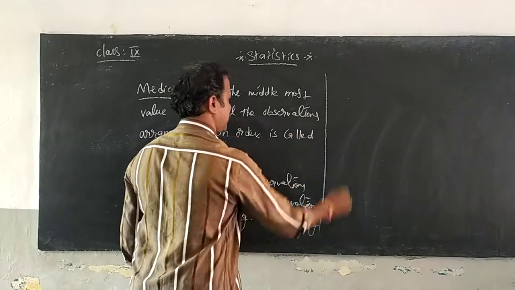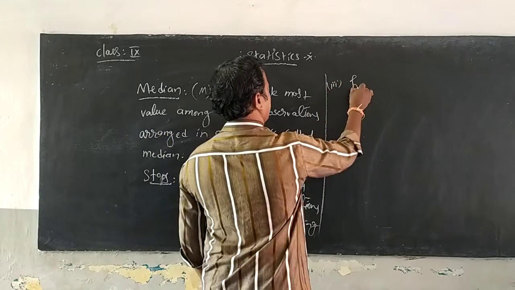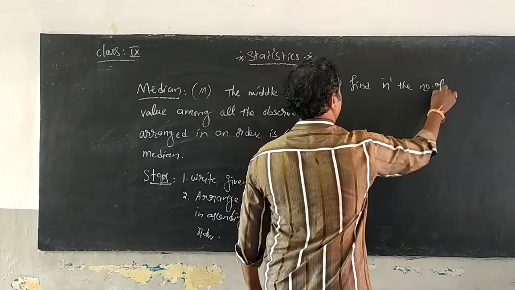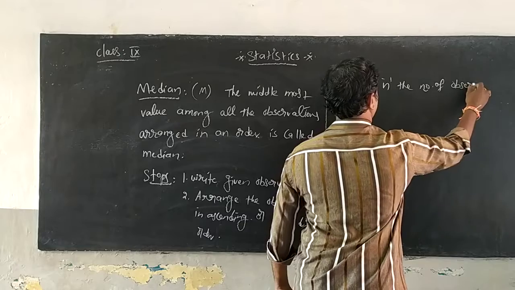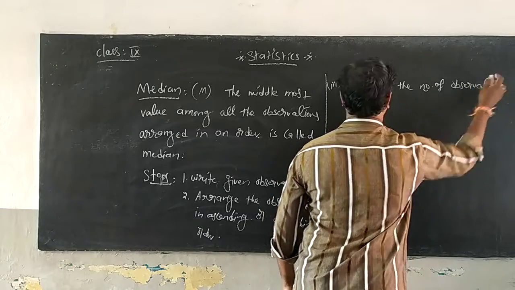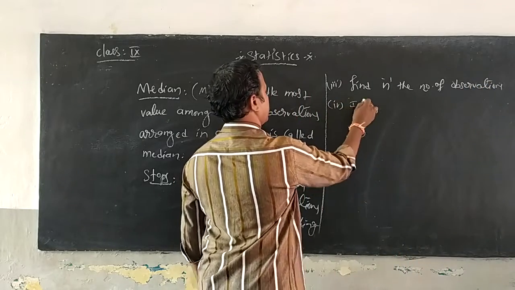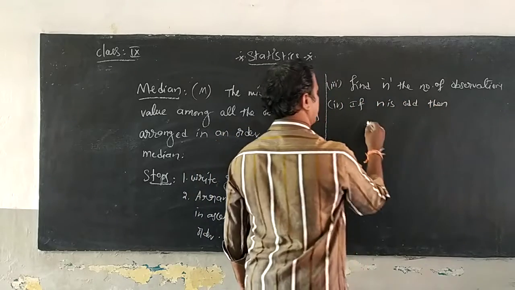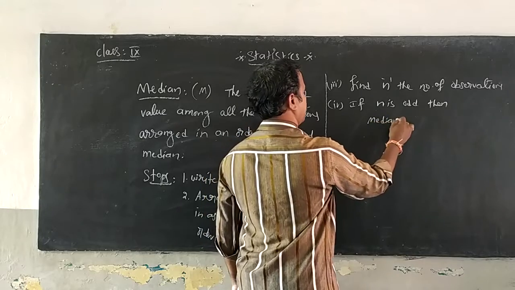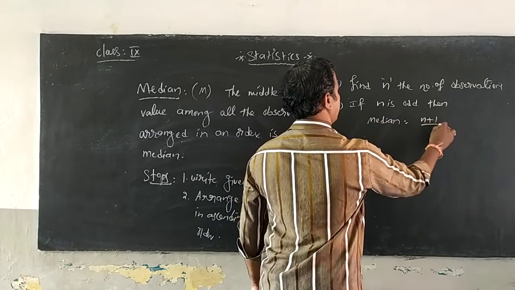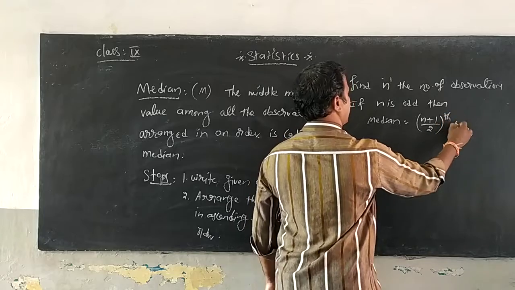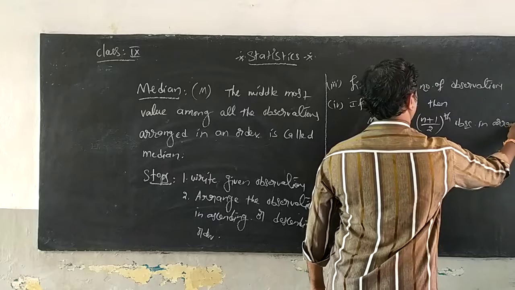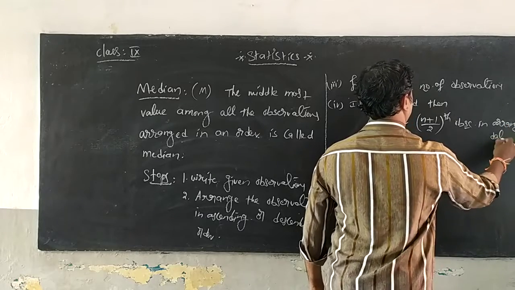The third step is find n, the number of observations. And the fourth one, if n is odd, then median is equal to (n plus 1) by 2th observation in arranged data.